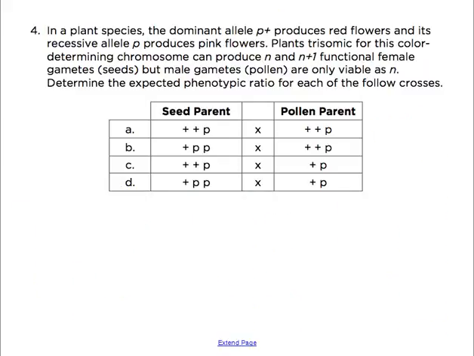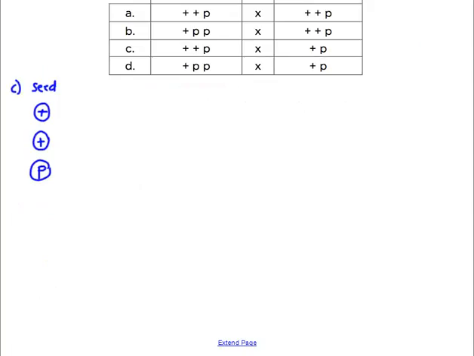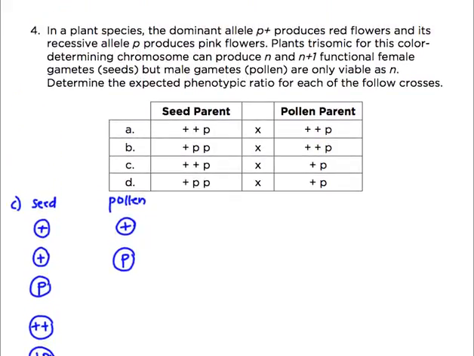Okay, now let's do cross C. The seed parents, the gamete can be plus, plus, P, and then plus, plus, plus P, plus P. And the pollen can either be plus or P. Now here the pollen is just normal, it's not trisomic, so that changes it a little bit.